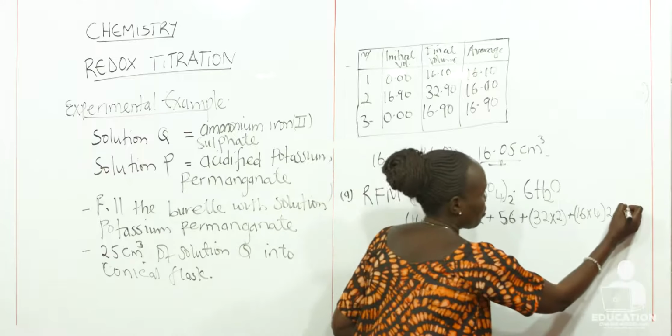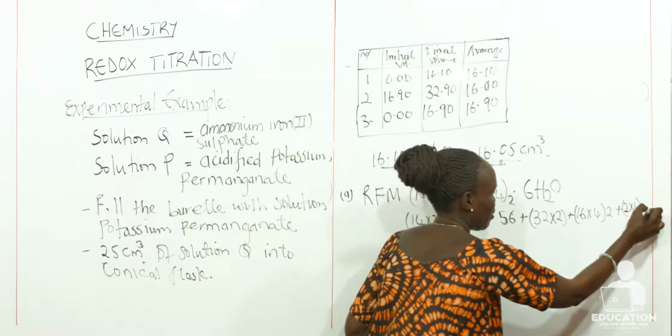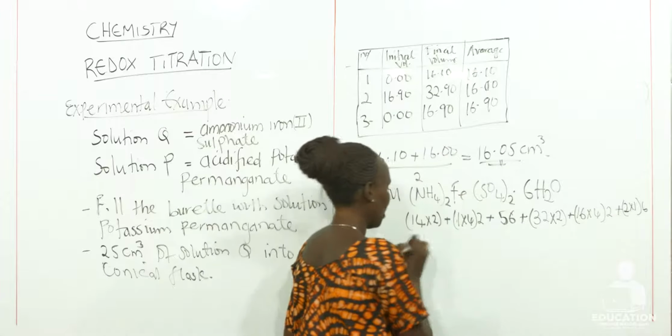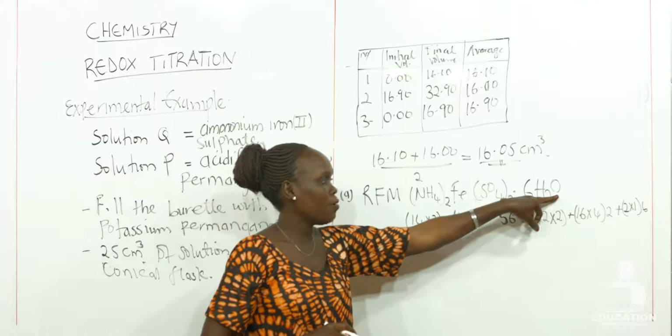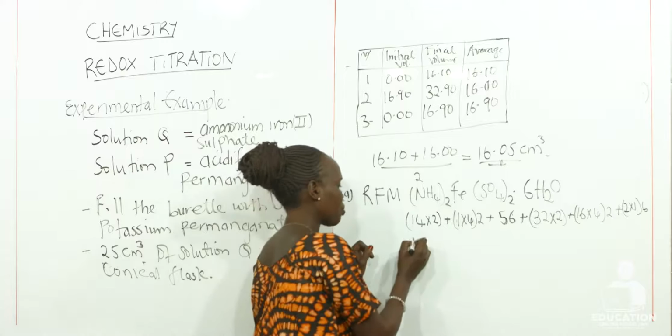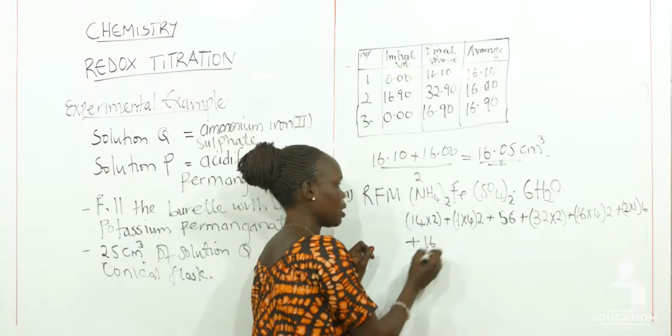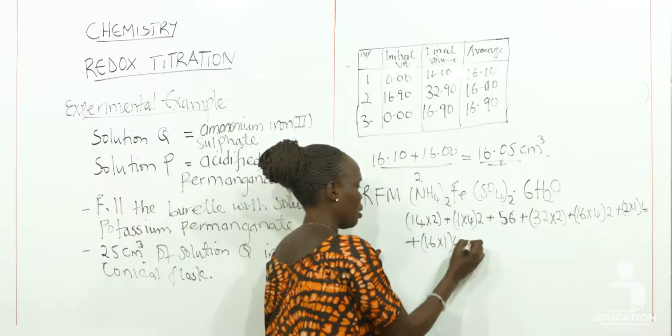So we shall have 2 multiplied by 1 in bracket. Then we have 6 plus the one of oxygen. How many atoms of oxygen do we have here? We have only 1 atom of oxygen, which is 16, the atomic mass, multiplied by 1, then again we multiply by 6.